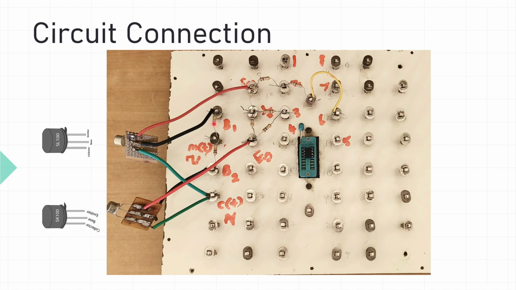Circuit connection, in order to avoid single strand wire. So this is the circuit that you can rig up on the springboard. Here I have placed SL100 and here SK100.